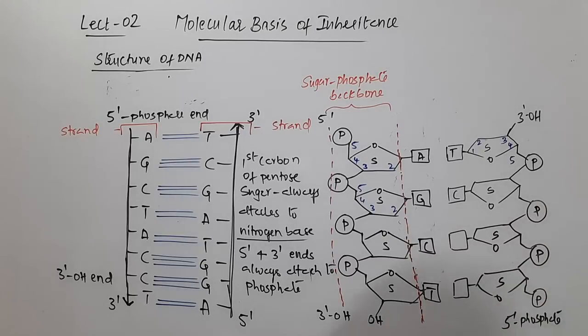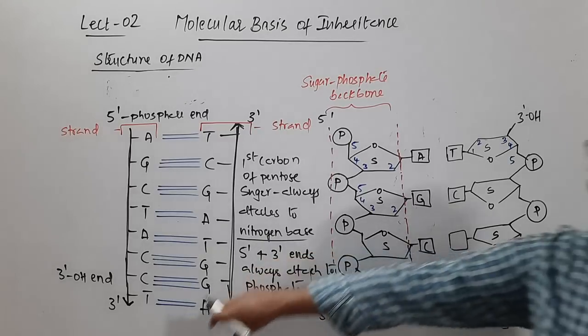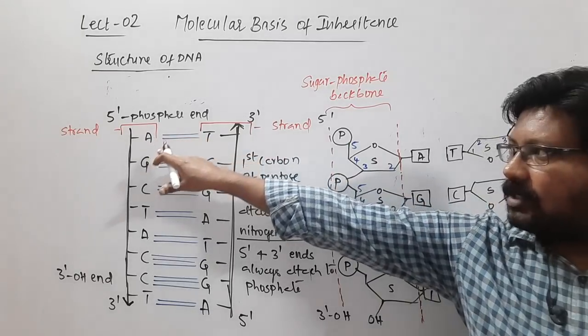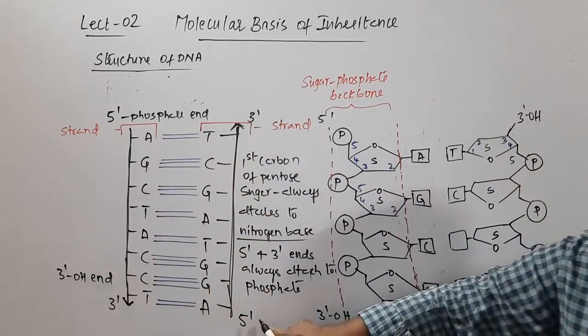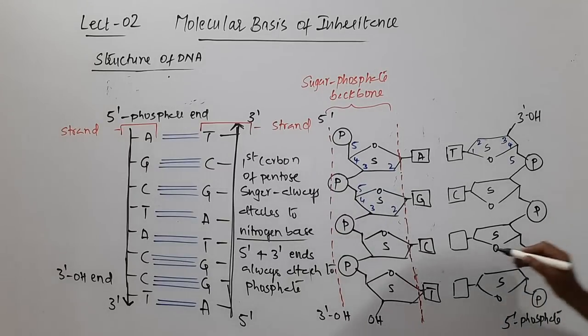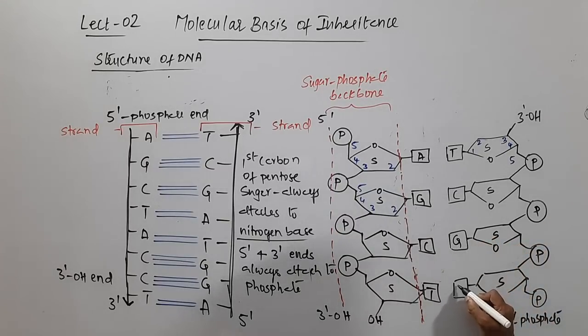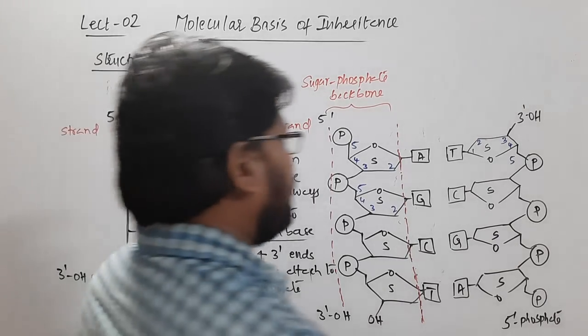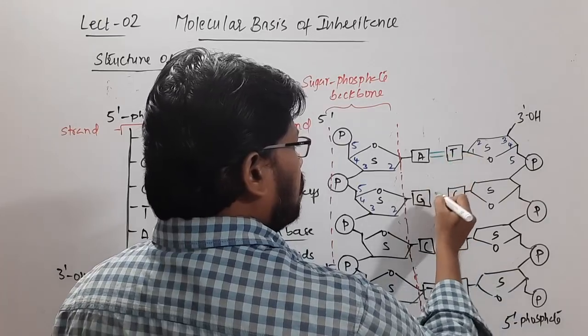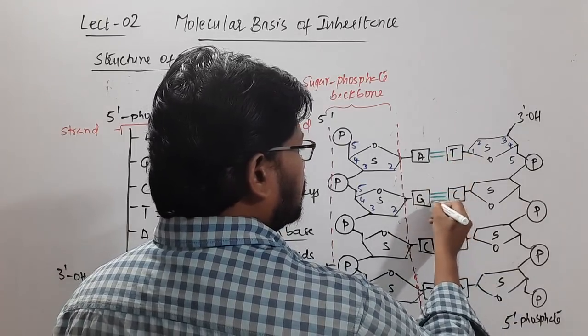I hope it's clear now why we have this polarity. I mentioned one strand from 5 dash to 3 dash and the other in the opposite way. See G, and this is A, and I already told you the bonds between them: 3 hydrogen bonds in this case, and 2 hydrogen bonds in this case.